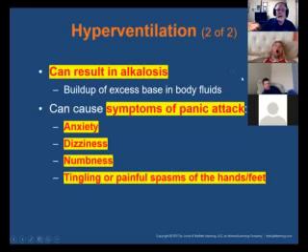It can also be a panic attack, and we see that in our business quite frequently. A symptom of a panic attack is hyperventilation, just due to anxiety, or due to an event that occurs around this person.